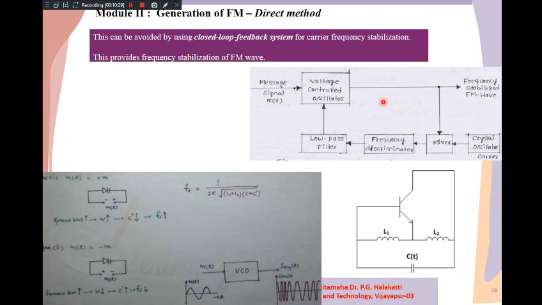Thereby we tune the frequency modulation, by what amount the frequency variation should happen, in proportion to the amplitude variation of the message signal.